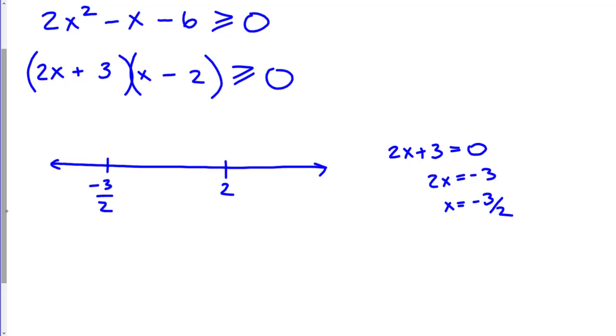Now, the next thing that I need to do is determine where this function is positive and where it's negative. And you can go through and you can do a test value for each and every interval. But what we've learned in the past about multiplicity can really simplify our process on this sign chart.